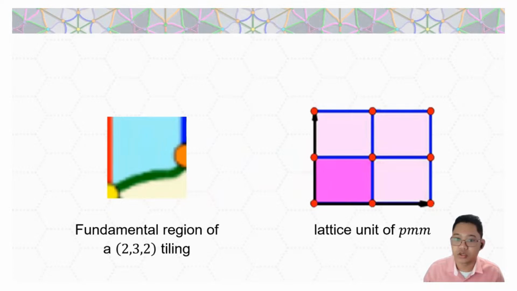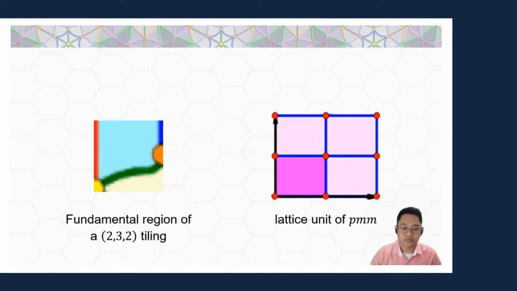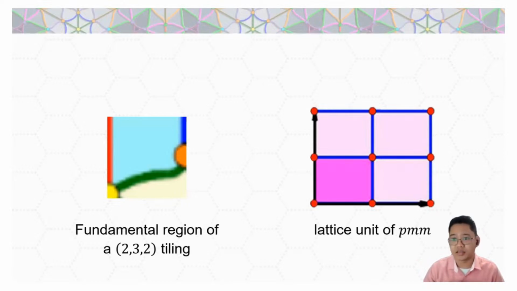It has reflections, rotations, and also translations. Now, if you want to create a tiling with this particular fundamental region, by the way, I just created this using GeoGebra. In GeoGebra, you can construct points and arcs. It's easier because you can simply plot the points and connect them. And then I just color coded them.